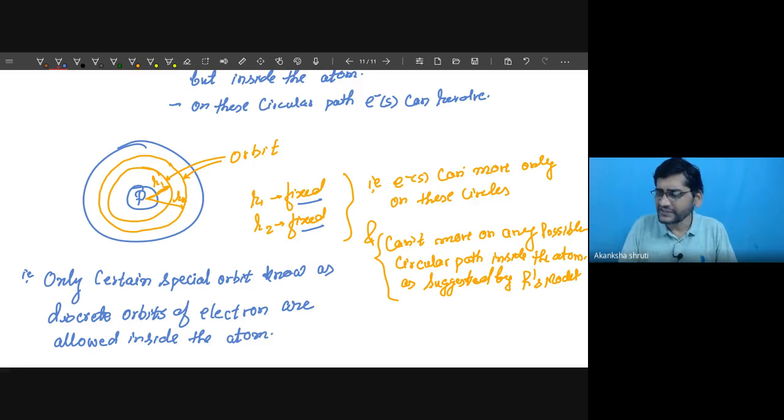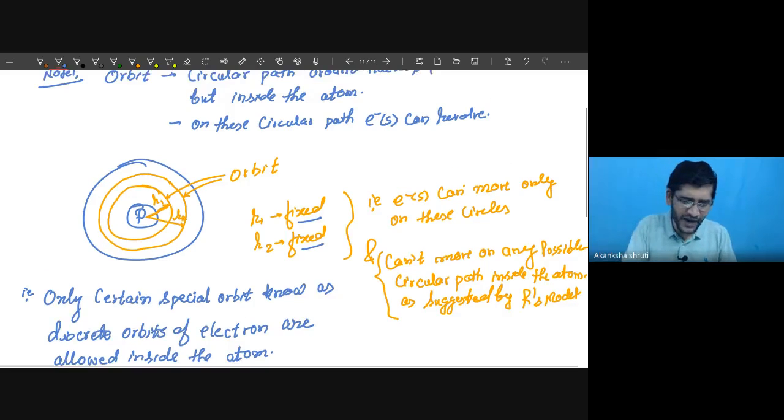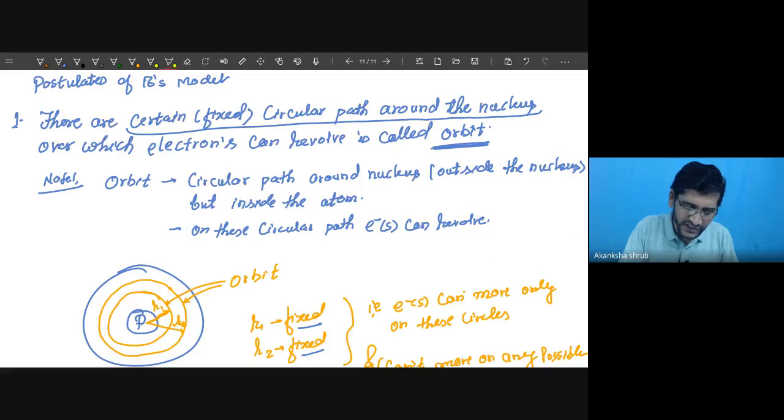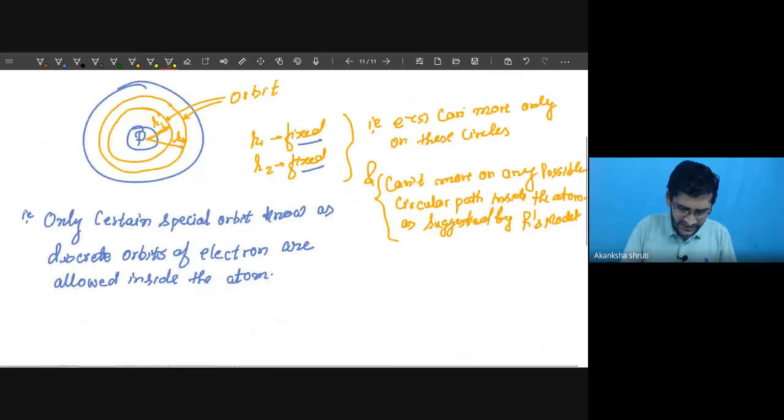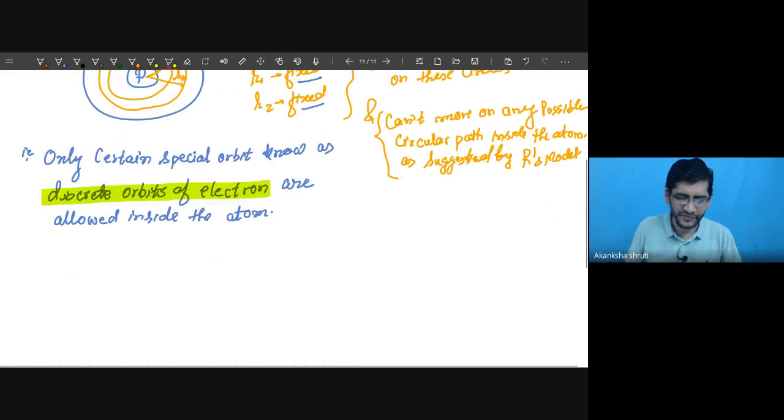What the value of this radius is, you will learn in higher standards. For now, you have to understand there are only fixed or certain paths over which the electrons can revolve. These fixed paths were called discrete orbits of electrons. Okay, this was the very first concept.